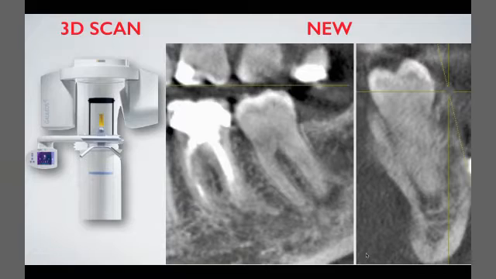We have to do the root canal treatment. On the periapical X-ray we can't see any lesion, but with the new CBCT we can see the periapical lesion clearly. The tooth is intact, no caries, nothing.